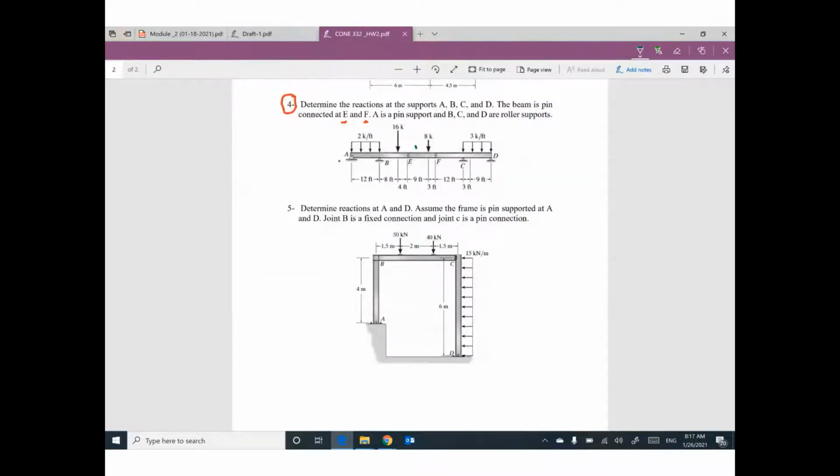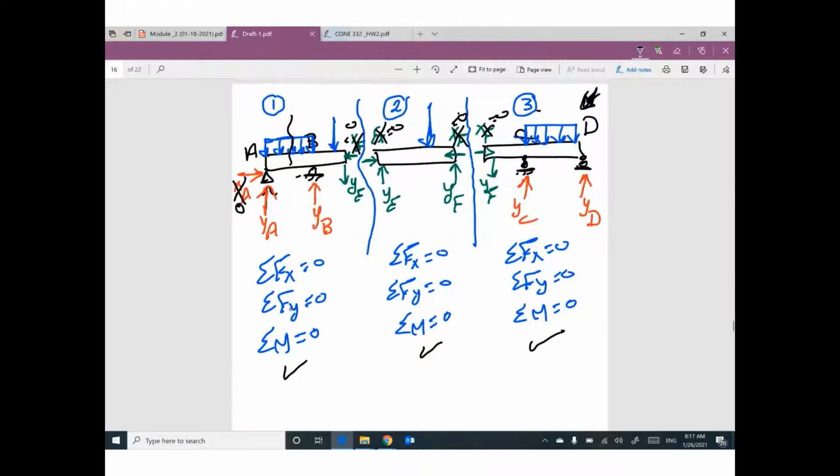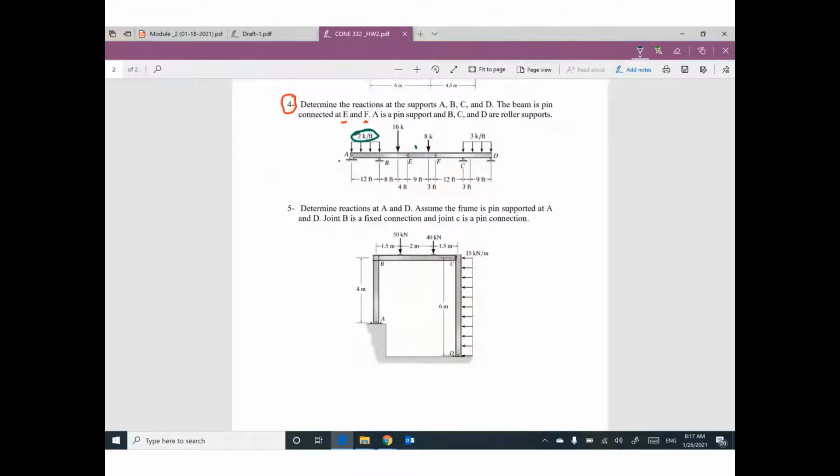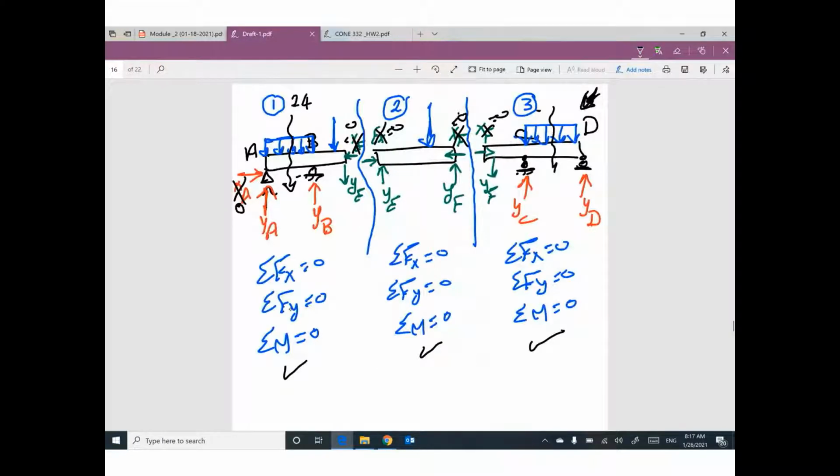Make sure this distributed load will be equivalent to 2 times 12, 24. This uniform distributed load will be equivalent to 3 times how much? 12. 36.